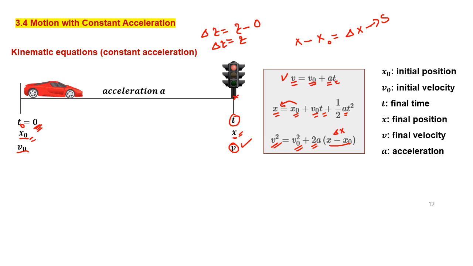The speciality of this equation is that there is no time. So in a problem, if you don't have the time duration, you can use this equation to find one of the parameters and use it with other equations to find the final parameter to be calculated in the question.